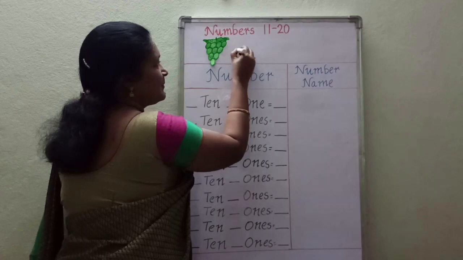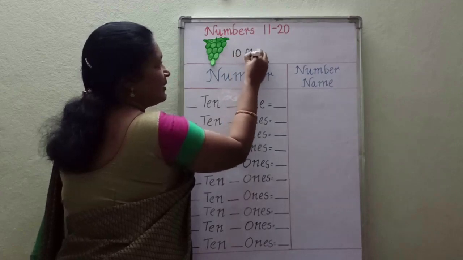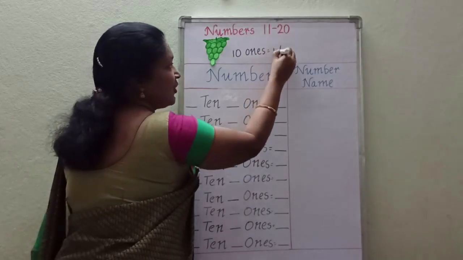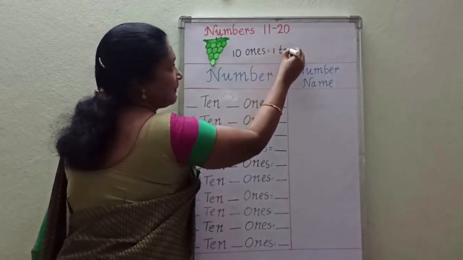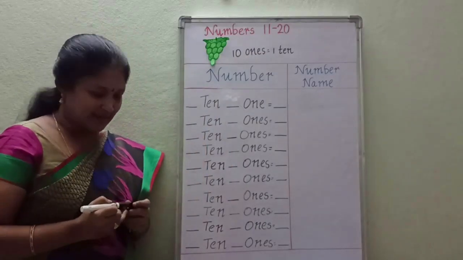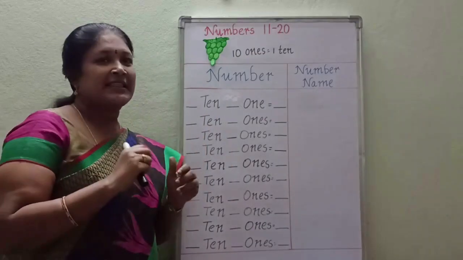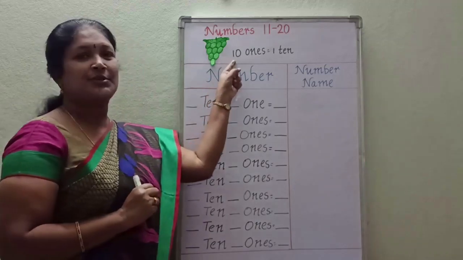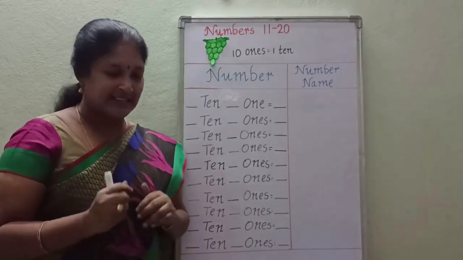So here 10 ones equals 1 ten. 10 ones equal 1 ten. So here the smallest two digit number is 10. The smallest two digit number is 10.